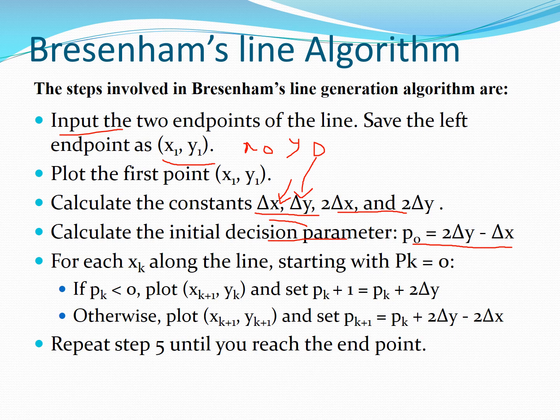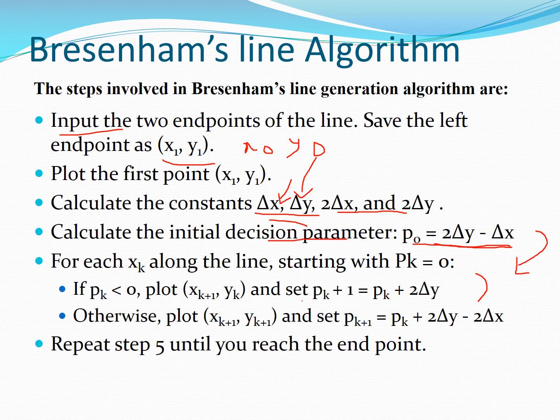This is the first step to calculate the decision parameter. With this we get the Pk value, or P0. Based on that, we increment the x and y coordinate values. How? There are two conditions: Pk is either greater than 0 or less than 0, that is, Pk is positive or negative.